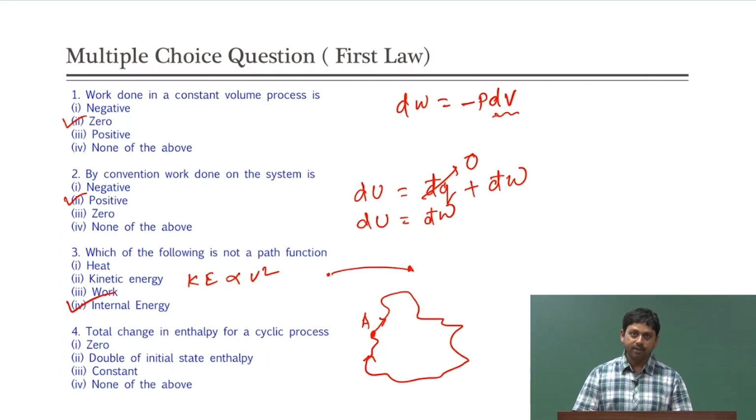We know by definition that enthalpy is nothing but heat at a constant pressure. Whenever we say heat at a constant pressure, we are defining the path. Even so, enthalpy is a state function, just like other thermodynamic potentials. Since enthalpy is a state function, for a cyclic process the change will be equal to 0.